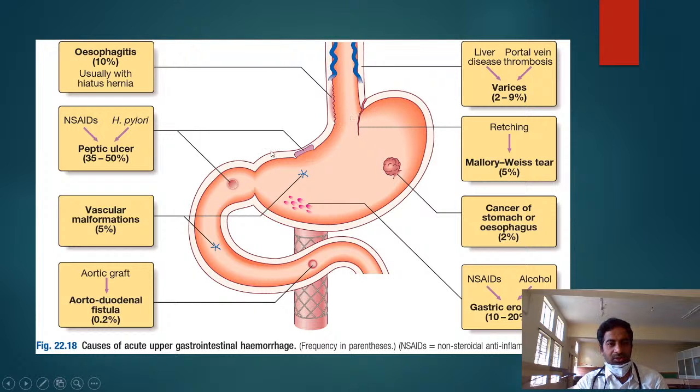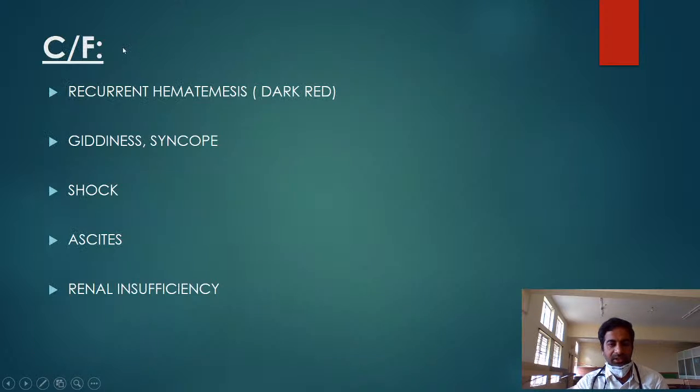The most common cause I've already said: peptic ulcer constitutes around 35 to 50%. Then you have gastric erosions, gastroesophageal varices, esophagitis. Clinical features: recurrent hematemesis, usually dark red, is the most important clinical feature.